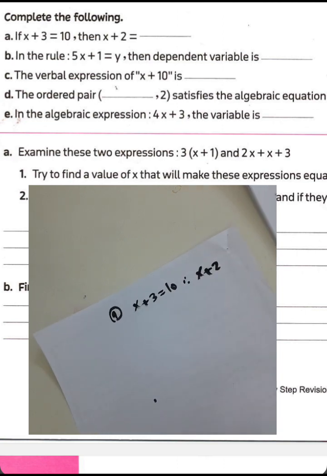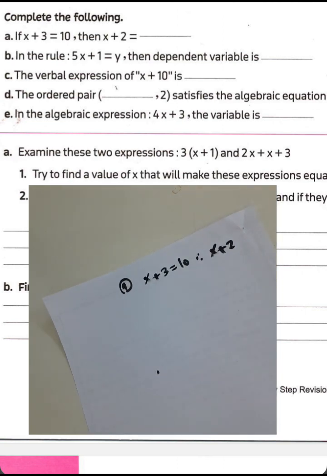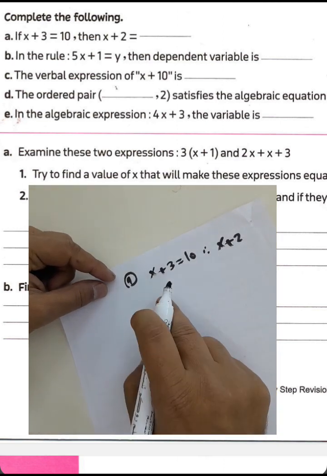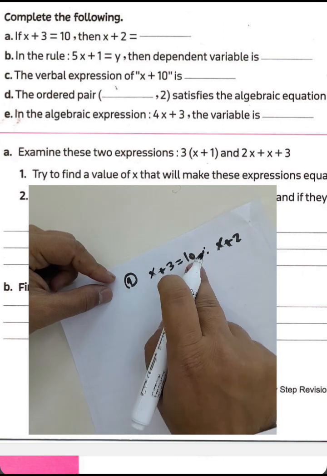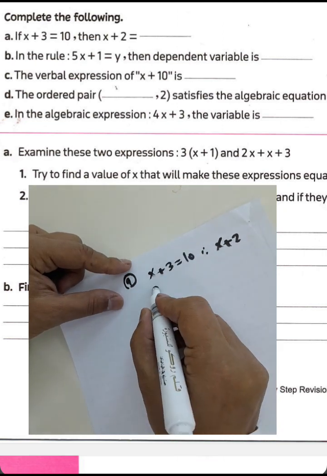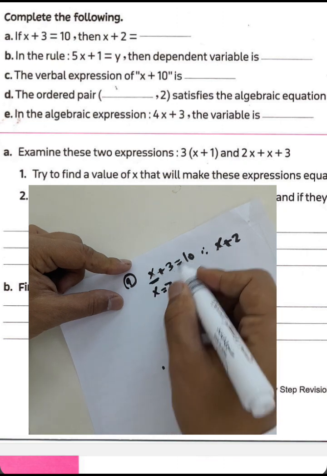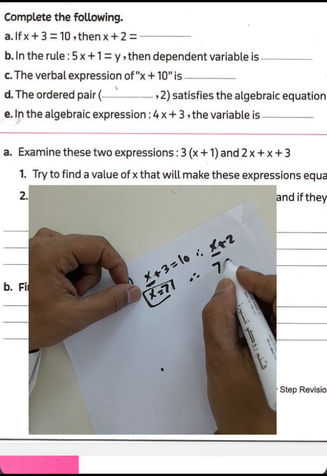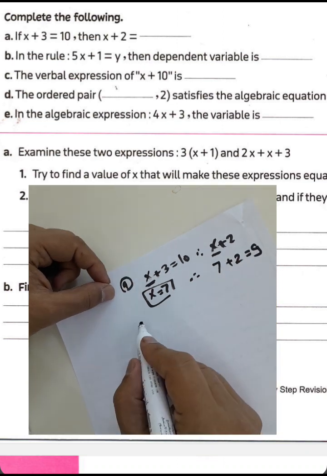Okay, pay attention with me about this question. First, we can find the value of the unknown variable here. X plus 3 equals 10. What is the number that, if we add it to 3, the result will be 10? Then x will be 7, because 7 plus 3 equals 10. Then x plus 2, but x equals 7 here, 7 plus 2 equals 9.